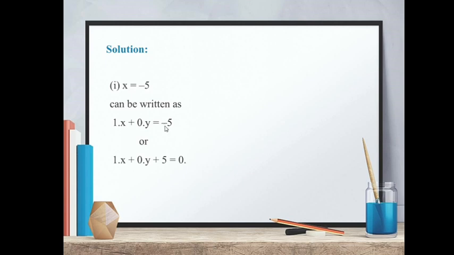It means this is the constant, and this constant term, that is minus 5, we have transferred to the left side, which will become plus 5. Then what is left there? 0.